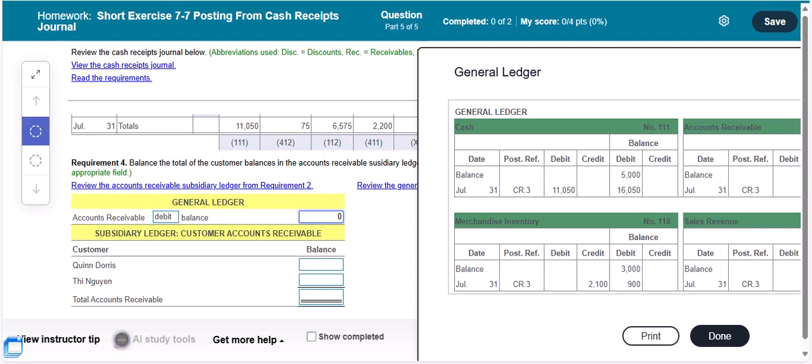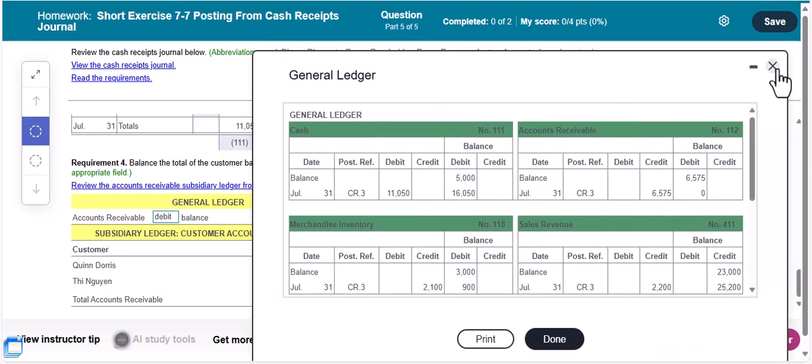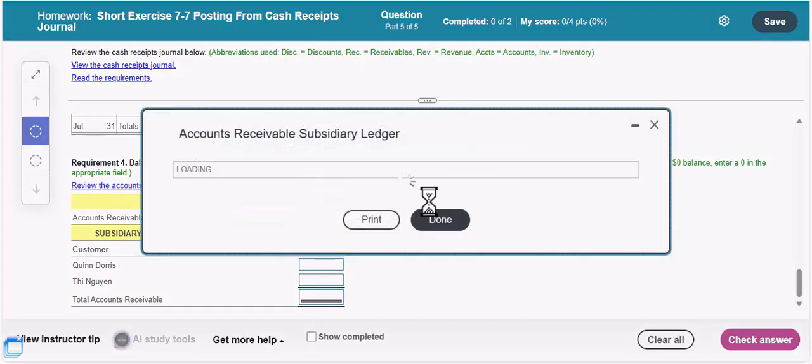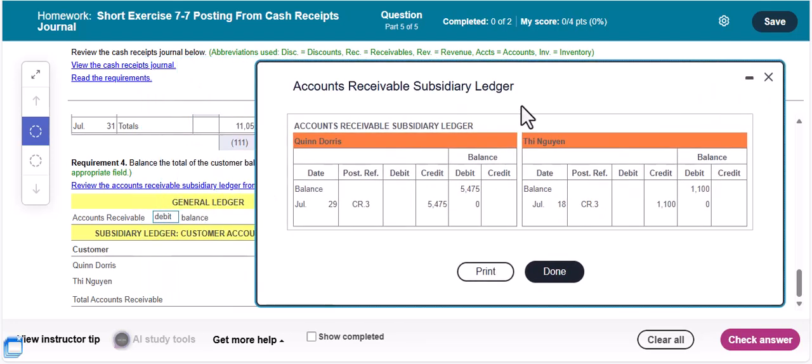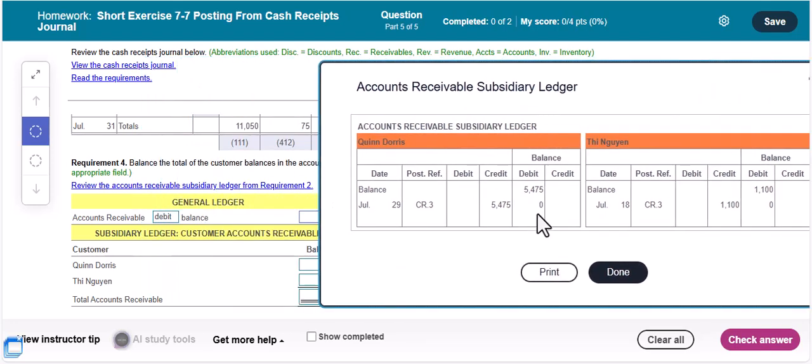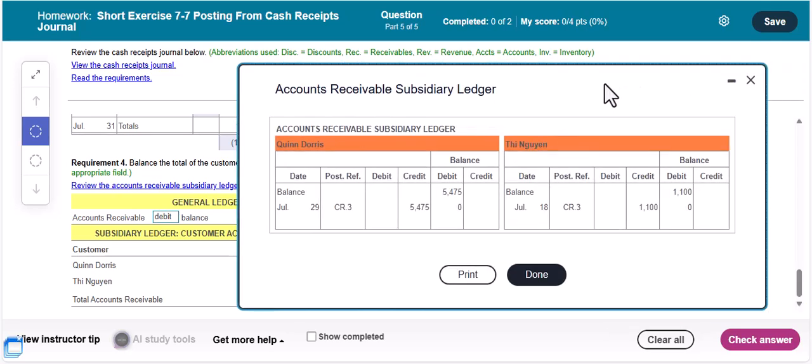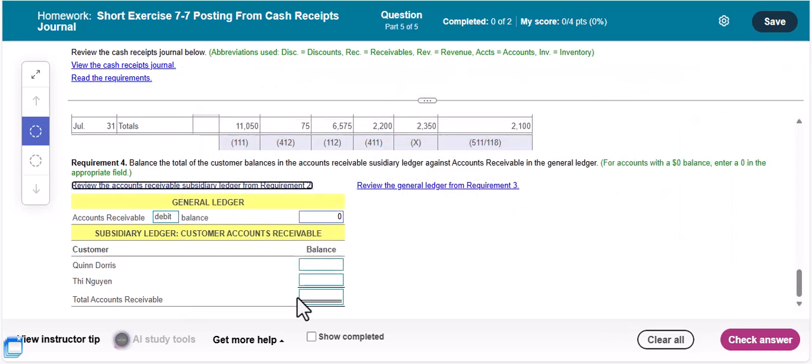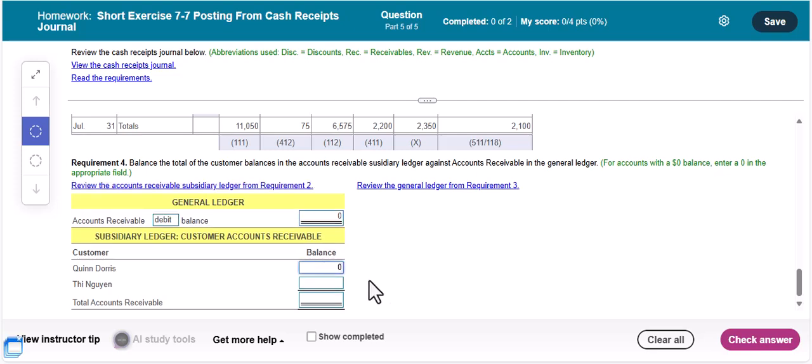Now we need to close out of this and go into our subledgers to see what the balance is. So lovely, a 0 here for Doris and a 0 here for Thigh. So we can go ahead and input those. 0 Doris, 0 Thigh. Total accounts receivable is 0. So that means our general ledger matches our subledger.